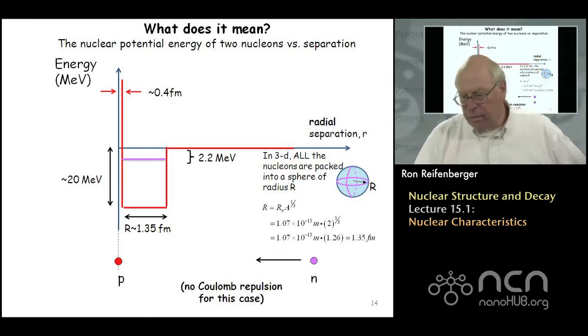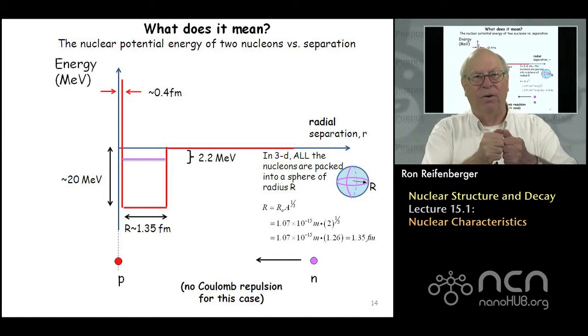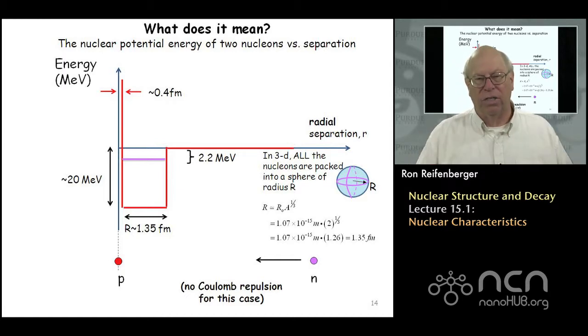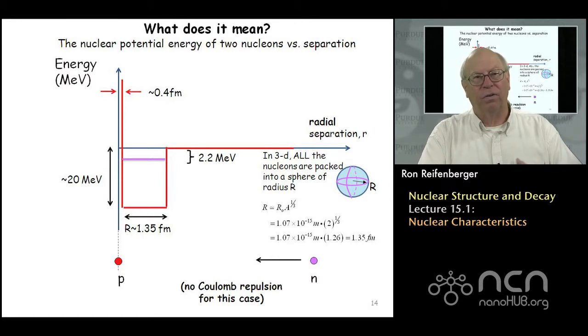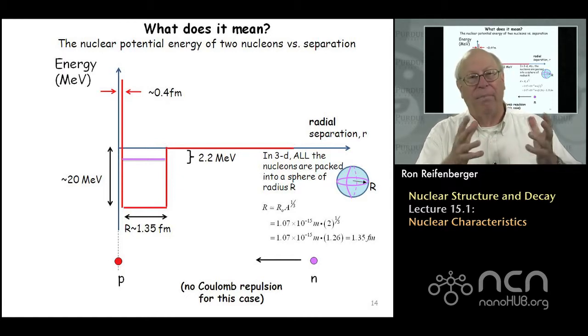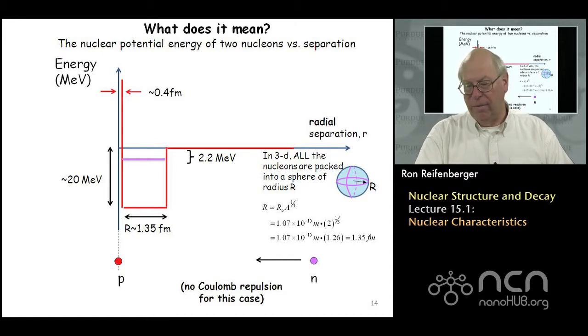So the idea that these nuclei bind to one another and form a lower energy state is a characteristic feature of all nuclei, and it turns out that binding energy is going to be very important for deciding whether a nucleus is stable or unstable.